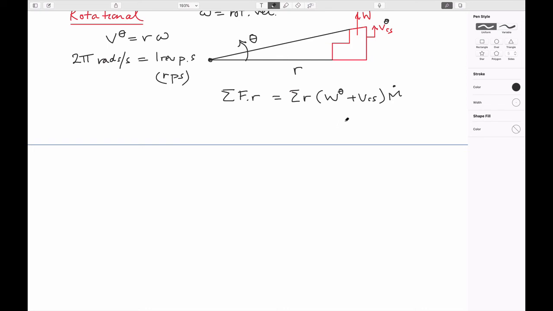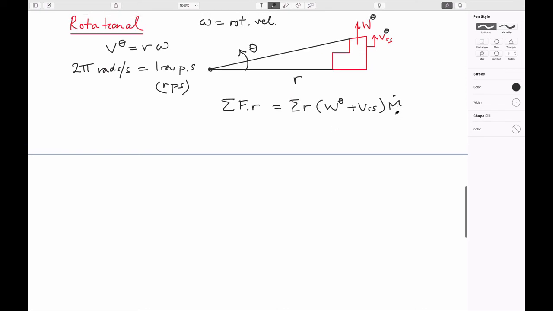And so if we look at these, this term here would be the density times the area times the velocity, the mass flow rate.